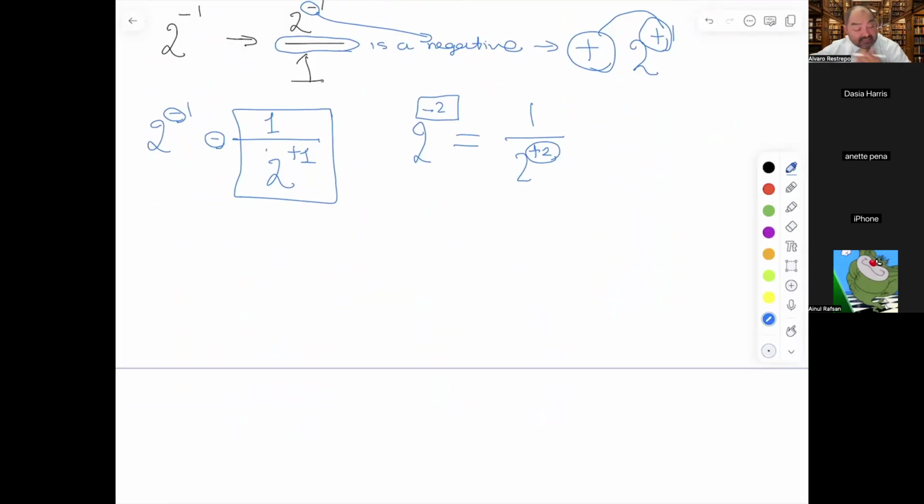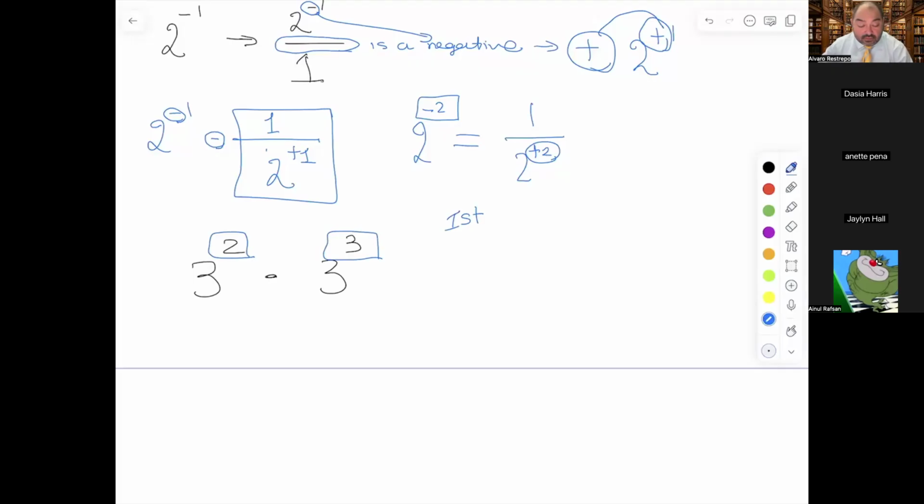So what happens if I have, let's say, 3 to the second times 3 to the third? What am I going to do here? Anybody want to tell me? I'll take a guess. Add the powers, so 2 plus 3. Yeah. The first thing you've got to do is ask, are the bases the same? Do I have 3 and 3?